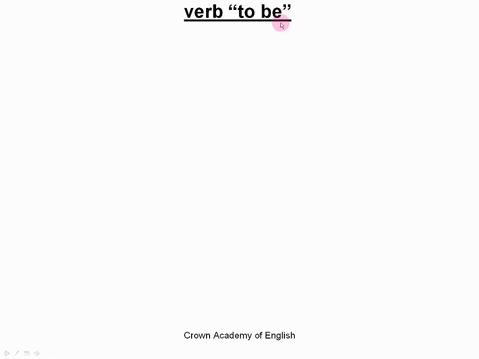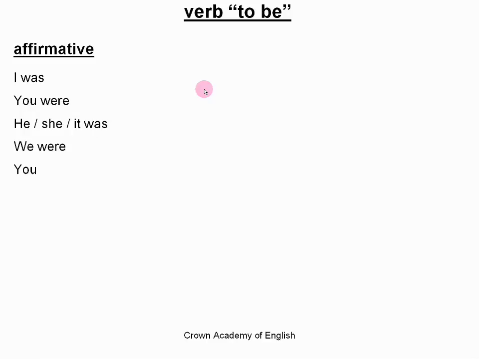The verb to be. This is an exception. This is very, very important because we use this in lots of other verbs. So the affirmative, I was, you were, he, she, it was, we were, you were, and they were.